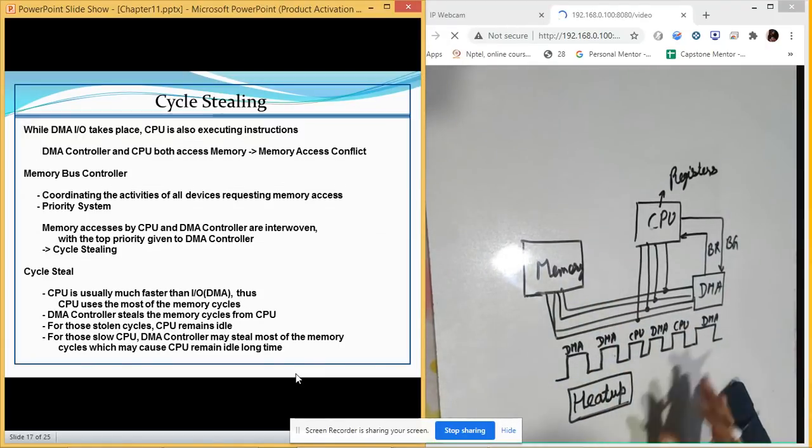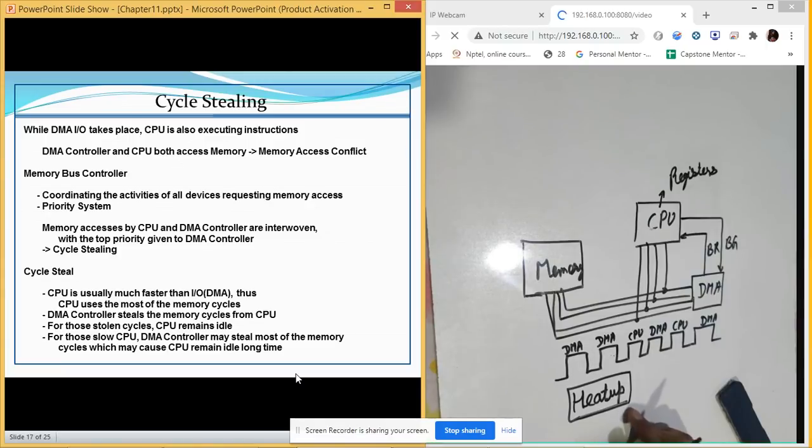It is not only related to speed up, it is also related to the problem of heat up. That was also a need of the time, because we were increasing the cycles of the CPU. Now we have gigahertz processors working at a very fast speed, so they were getting heated up. DMA was introduced to overcome this problem as well.